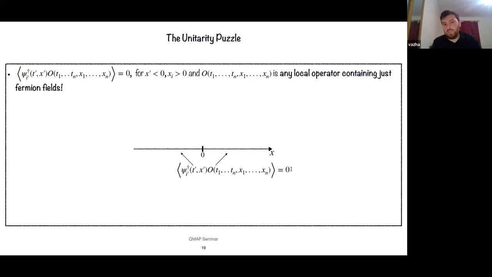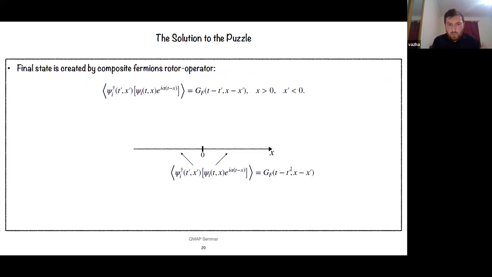However, that cannot be the end of the story, because as I told you, it is a very simple system, and we should have some correlation function that is non-zero. Otherwise, we could not have consistent scattering. And actually, about 1.5 years ago, we found this operator that gives you a non-zero correlation function. This operator does not consist only of fermions; it is a non-local operator that consists of a fermion as well as a rotor insertion, but the rotor is inserted at the right end of the fermion.